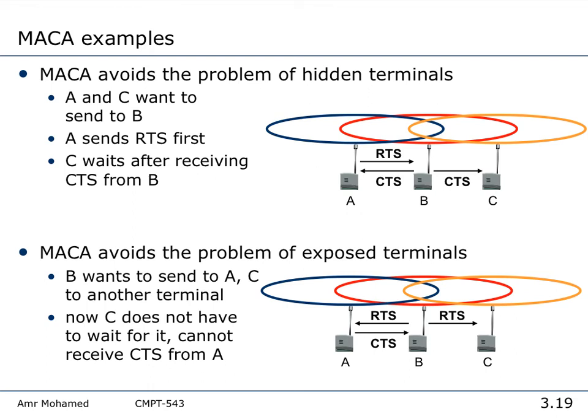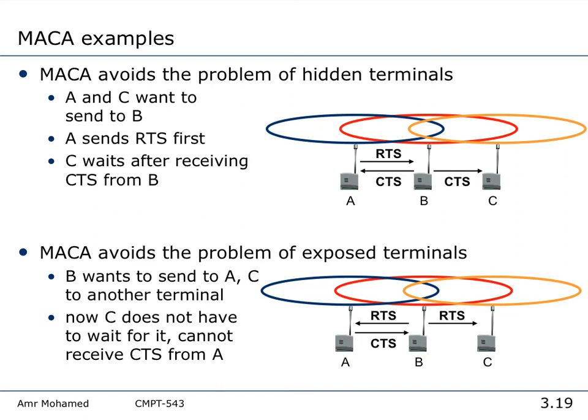But the problem with data is that data is very huge. So there is a high probability that C, because it does not listen to this data, does not know that A is sending to B. And for a very long duration of time, like 200 milliseconds, there is a chance that C will try to send and a collision will happen. But this RTS CTS avoids that.